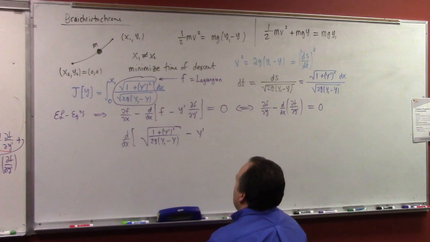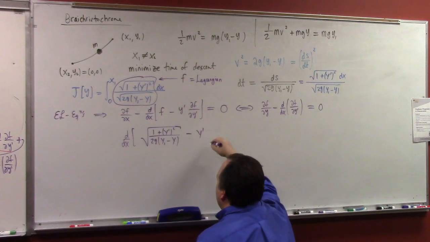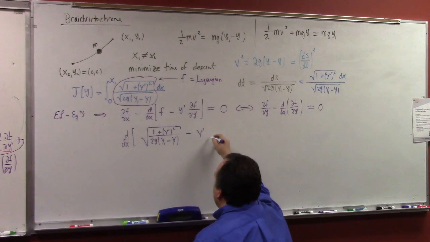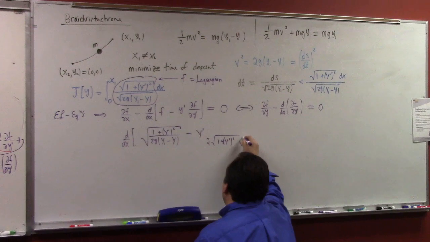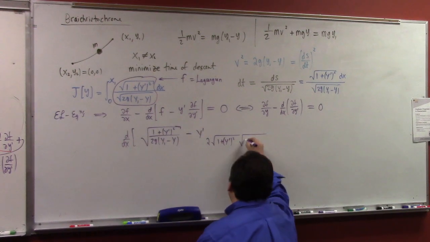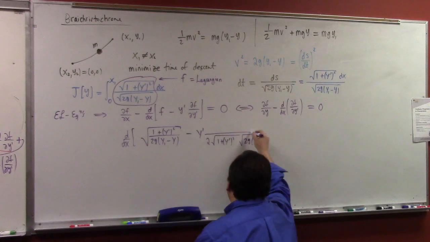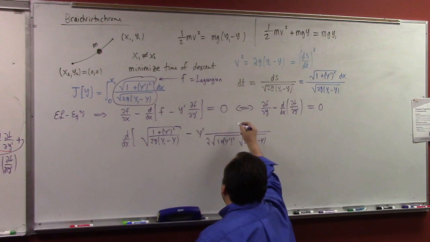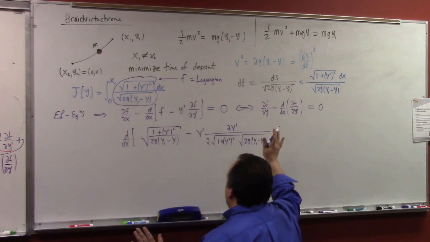The whole thing on the bottom just rides along, right? So we've got a 2 square root of 1 plus y prime squared, times the square root of that, and then upstairs, we've got ourselves a 2 y prime. That's it, right?